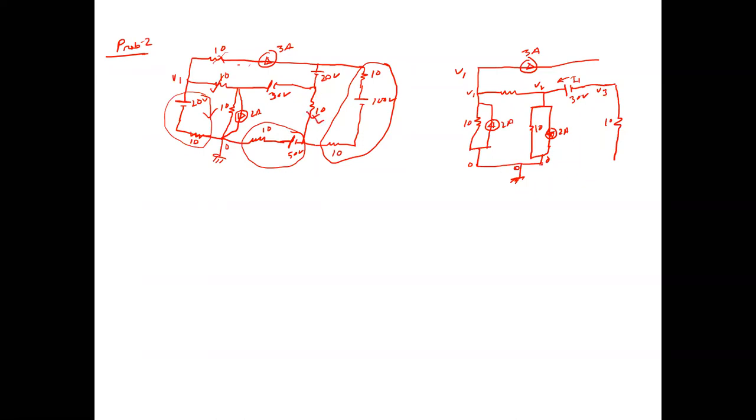And this ground to this is the 10 ohm, and current flows this way. Okay, so the current is 5 ampere.